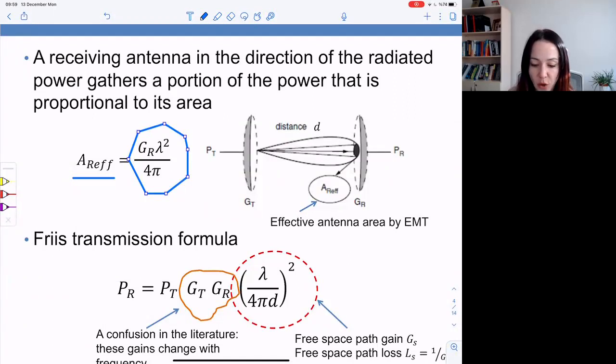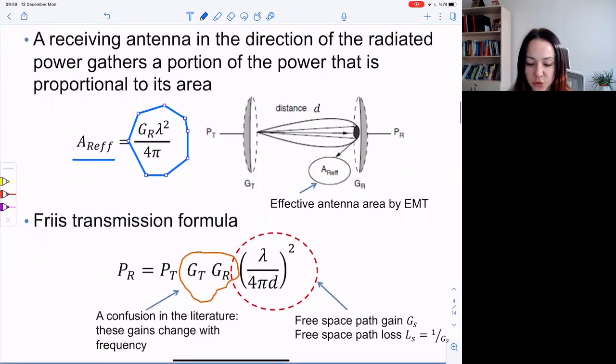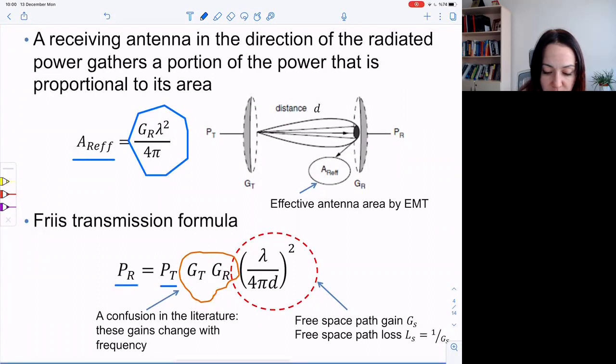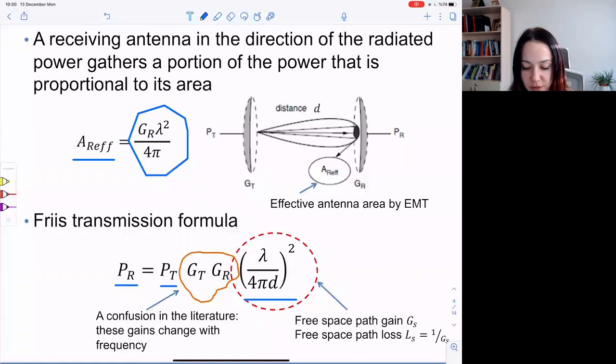Okay, now if you factor this in the Friis transmission formula, the received power is given by the transmit power multiplied by the free space loss, essentially lambda over 4 pi d, squared, times GT GR.